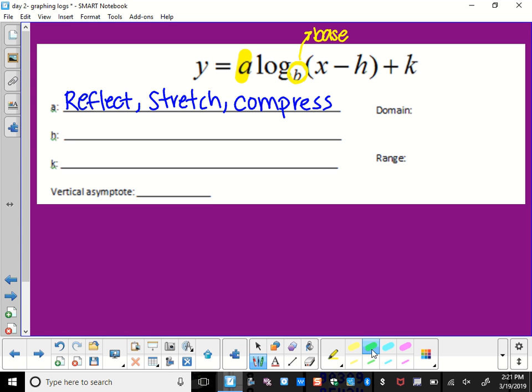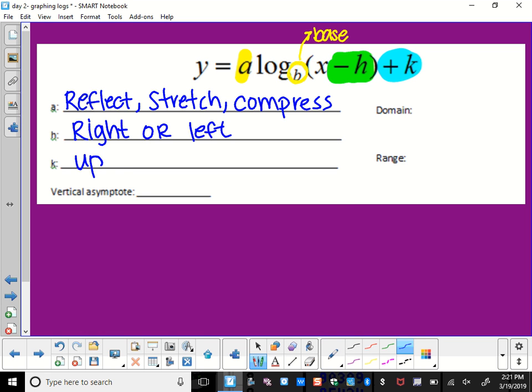If I look inside my parentheses, what does this negative H tell me to do? Go right or left. Good. And then my last number back here tells me what? Up or down.